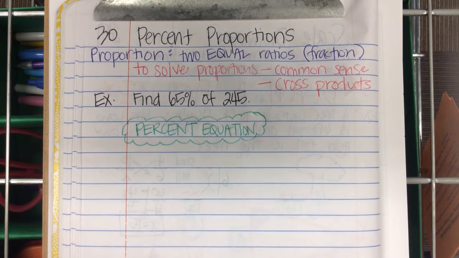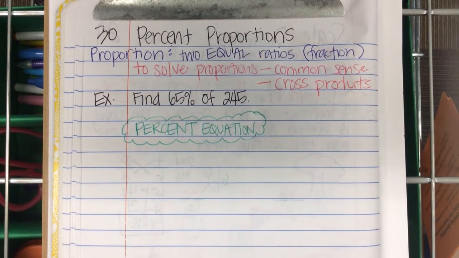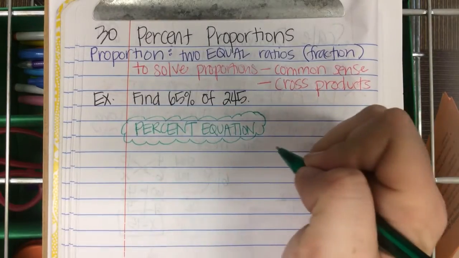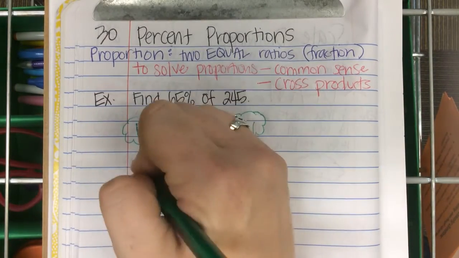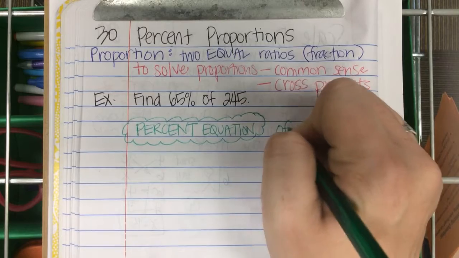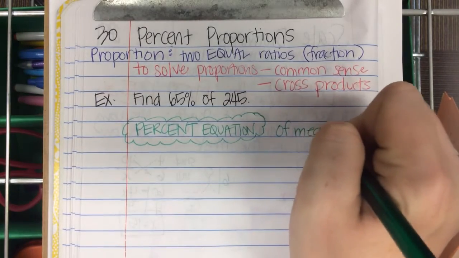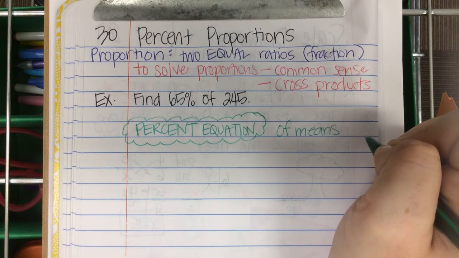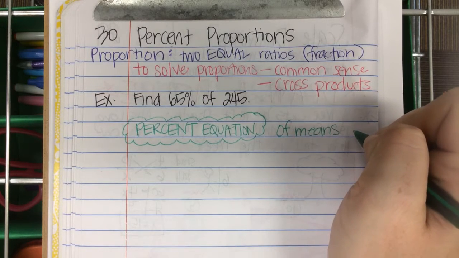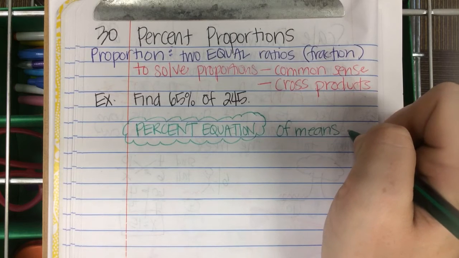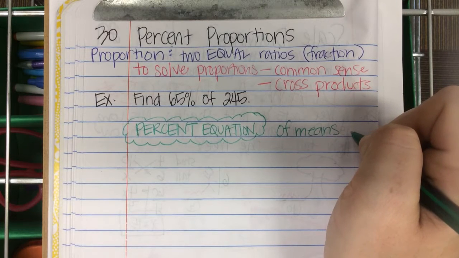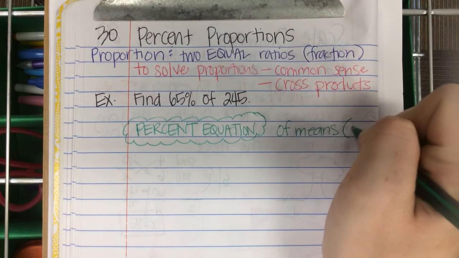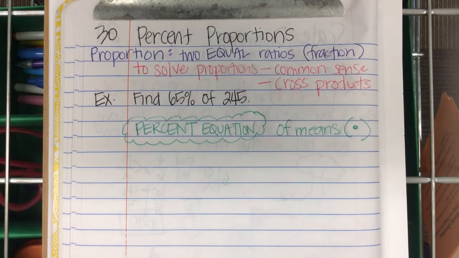It has an equal sign. So in a percent equation, the word of means what? Morgan, what does of mean? Add, subtract, multiply, divide? Multiply. The word of means multiply.